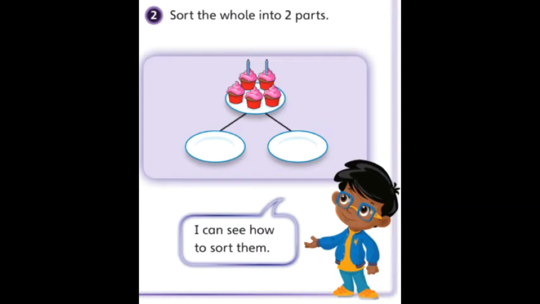So have a go on your cherry diagram now with your 5. 2 need to be of one colour, or your cakes with your candles, and 3 need to be something else, and see if you can partition the whole into 2 parts.